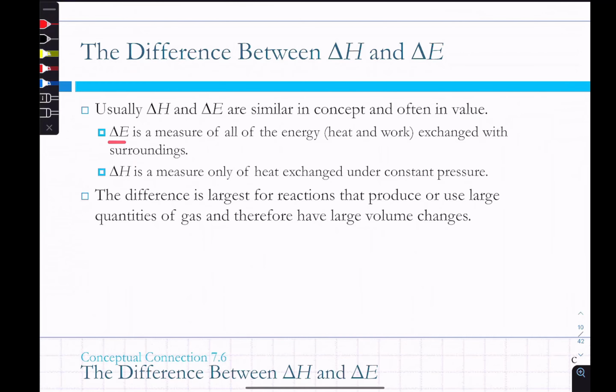Delta E would be the measure of all of the energy, heat, and work. And again, delta H is just the heat exchanged under constant pressure. So the difference is the largest for reactions that produce or use large quantities of gas and therefore have a large change in volume. Under those situations, there's going to be a much larger portion of work being done, and we're just accounting for the heat here.